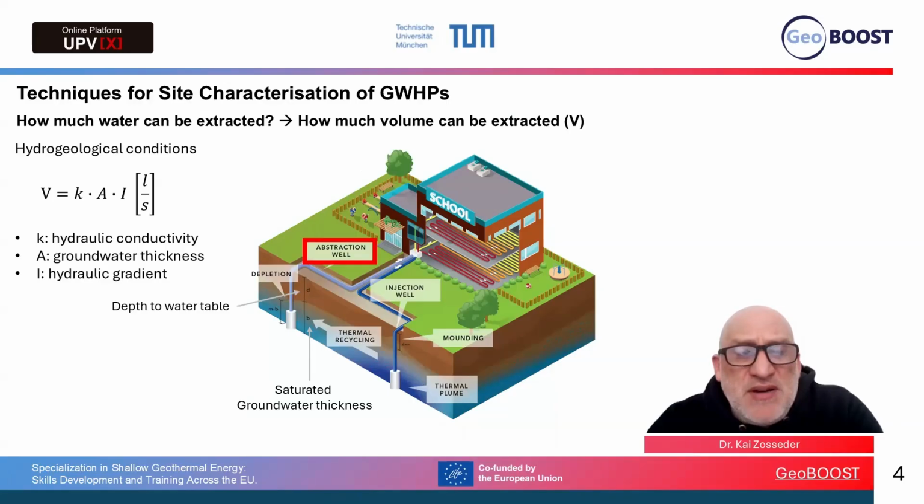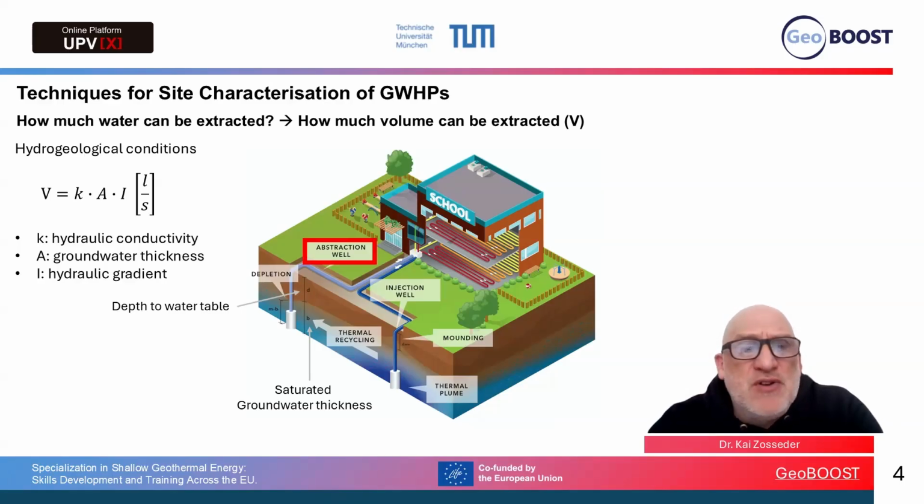The groundwater thickness is just the saturated part of our aquifer. So how much water is available at a specific location, or the water column at a specific location, that can be used. And the third parameter is the hydraulic gradient. Hydraulic gradient is the difference between the groundwater head at 2 specific locations.